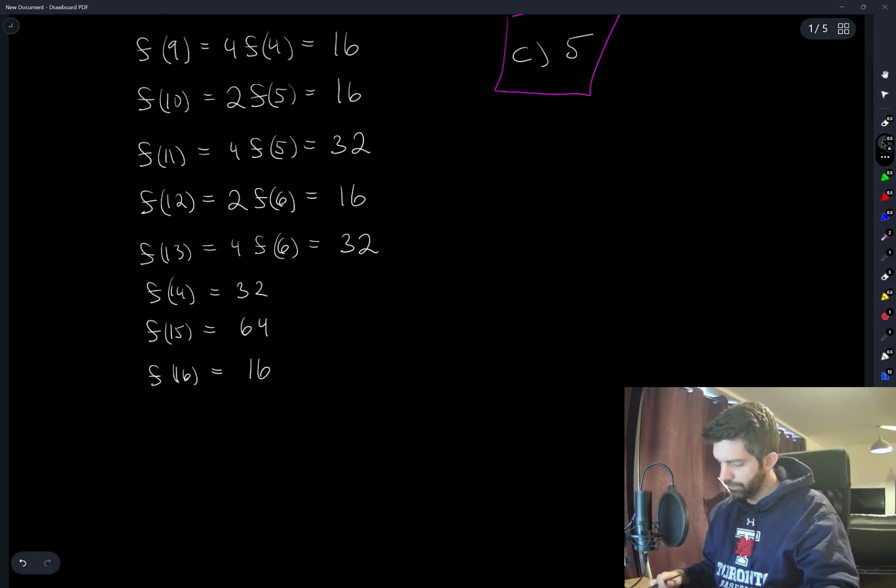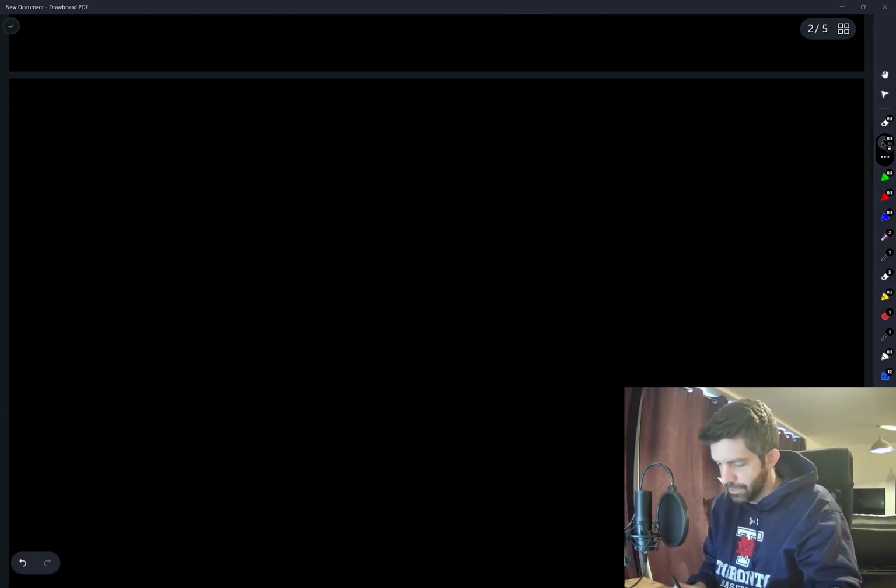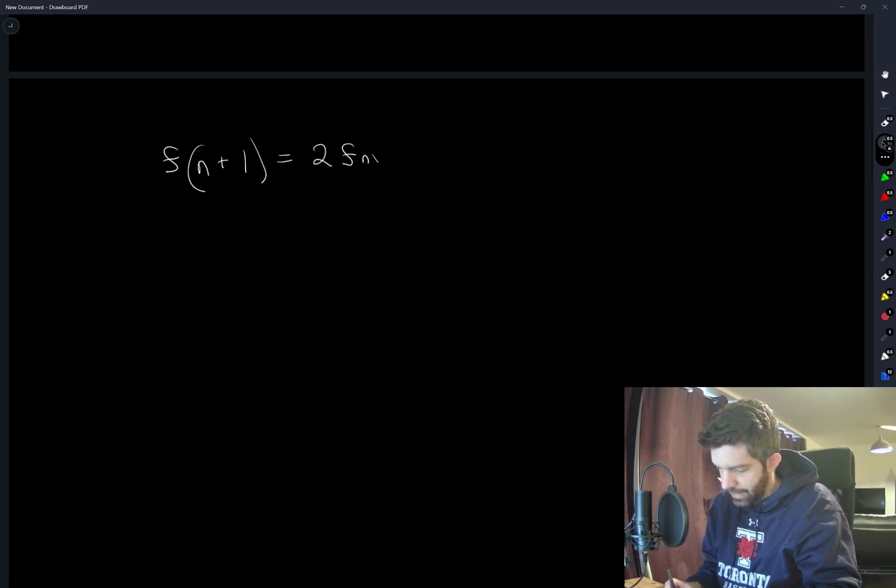And I suppose we can combine this relation to see that f of n plus 1 is equal to 2 f of n when n is even.